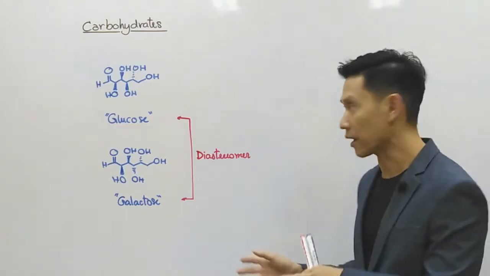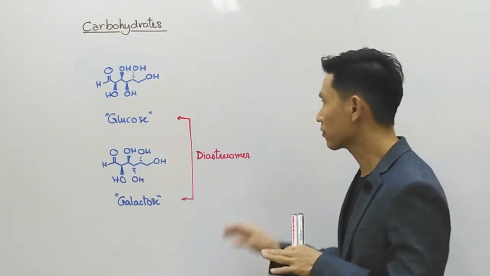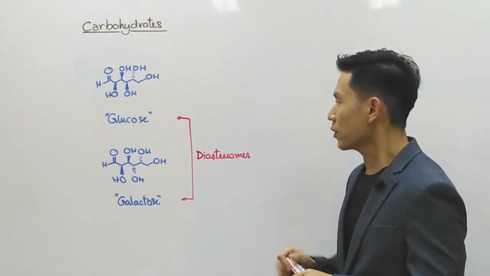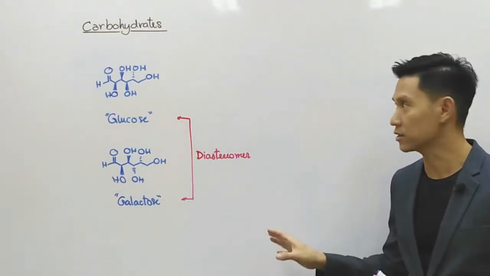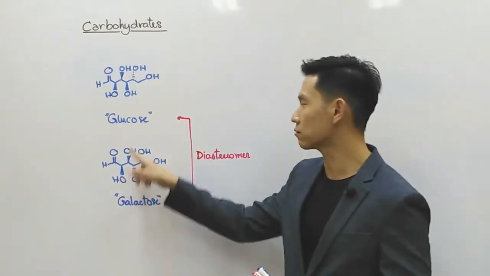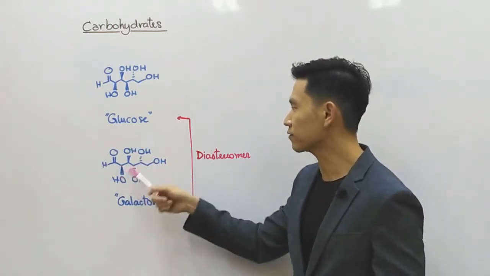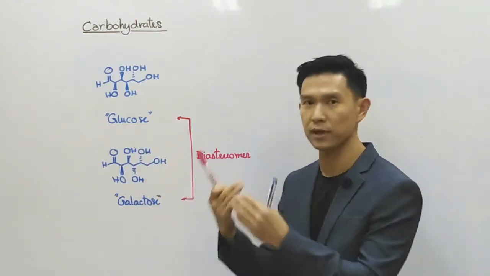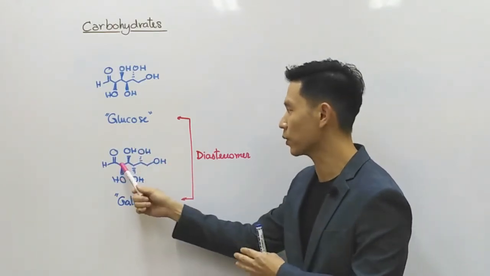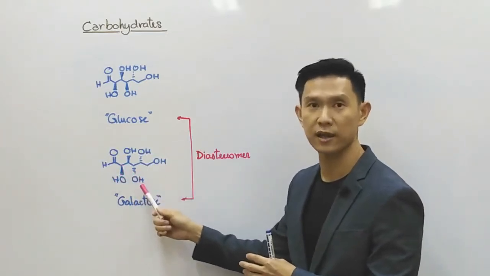What is the enantiomer of glucose? I will talk about it later. But first of all, when you draw the structure of aldohexose sugar like this, you have to draw it in a zigzag structure, with the OH pointing upward and downward symbolized with the bolded line and the dashed line here.